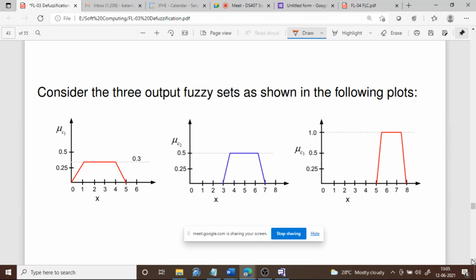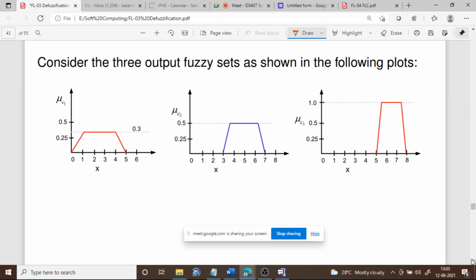So here is an example for the center of sum method. Let us consider these particular membership functions. There is a membership function given like this, another given like this, and another given like this. Basically, all these are trapezoids.